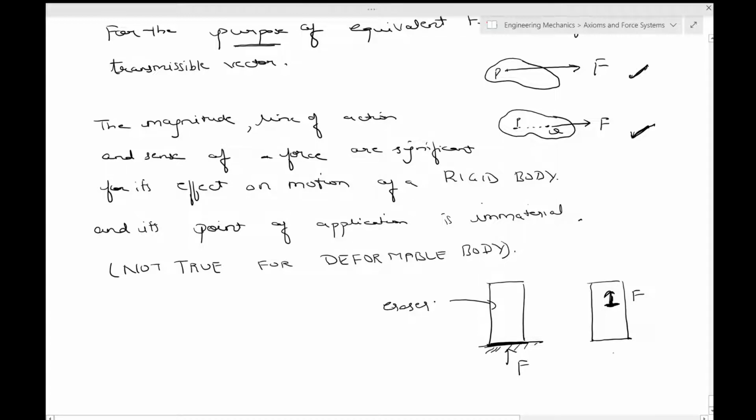Now there is no table, and even though it is on the same line as before, the motion of this will be different.